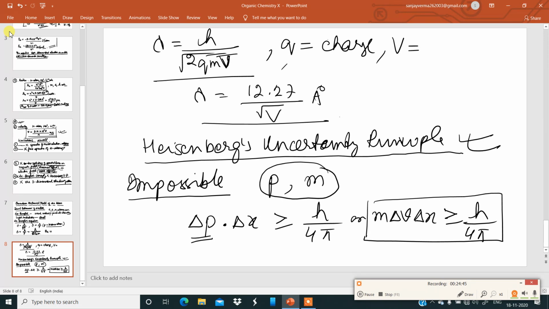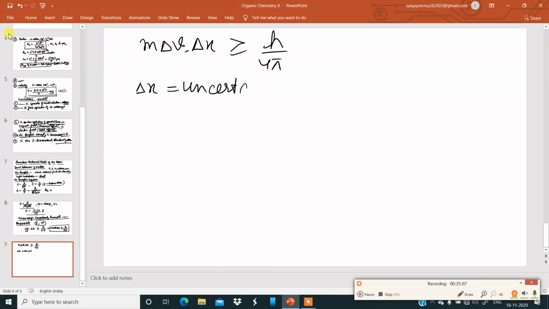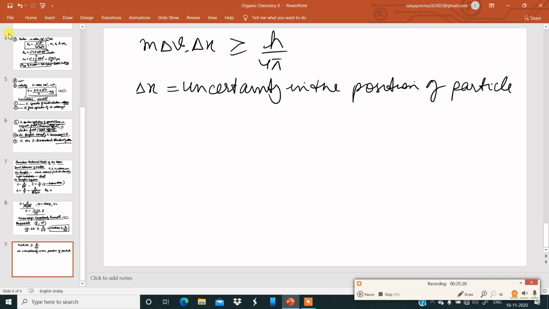Now, what does delta X stand for in this equation, m delta V delta X greater than or equal to h by 4 pi? This delta X is called uncertainty in the position of the particle.